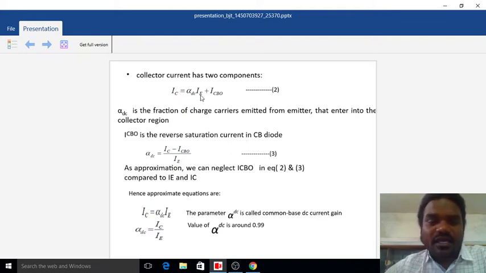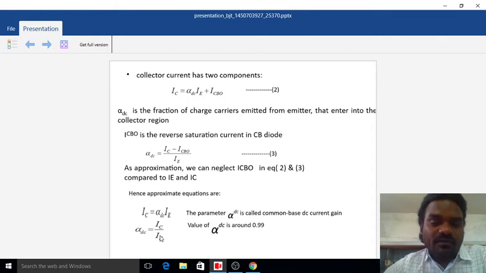IC and IE both will have the same amount of current, so that alpha DC is almost near to 1. Alpha DC is equals to IC by IE, because IC is approximately equals to IE, so alpha DC is equals to 1. Alpha DC is nothing but a current gain when the transistor is connected in common base configuration.